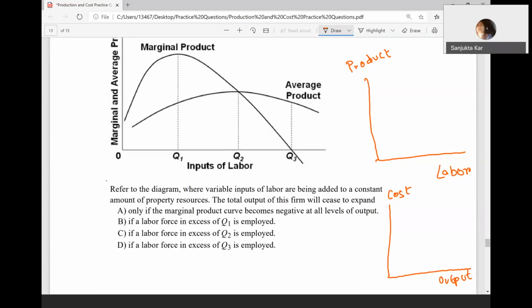Okay, the question is asking the total output of this farm will cease to expand at what level? Looks like the marginal product is equal to 0.